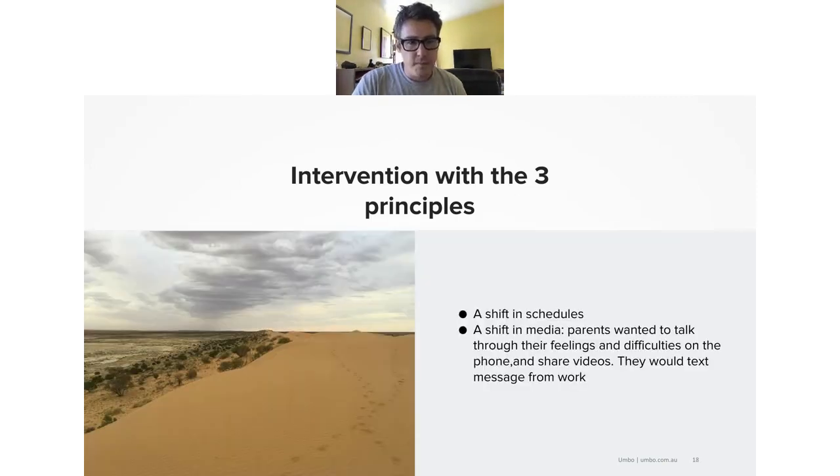So shifting the schedules, making sure we're available at the right time for the right goal.